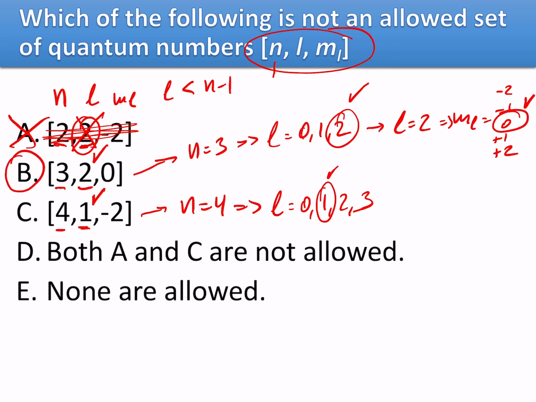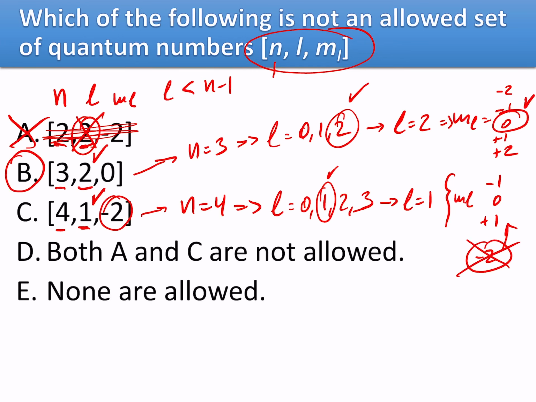Now in the next one, we have L equal 1. And for L equal 1, ML is -1, 0, and +1. However, this number here is -2, and -2 is not there.